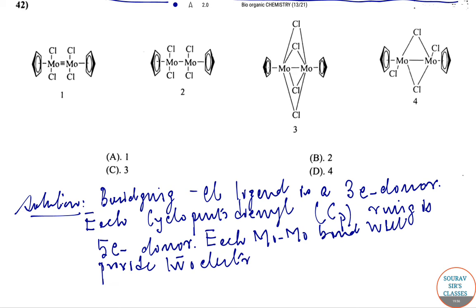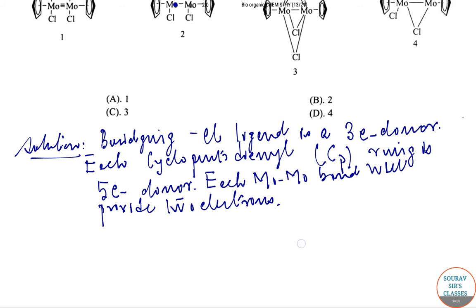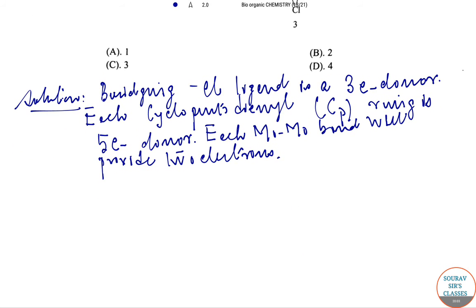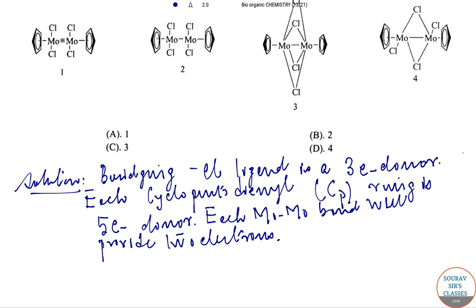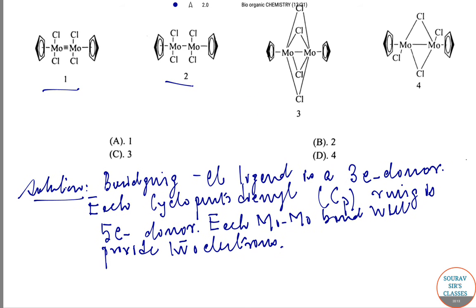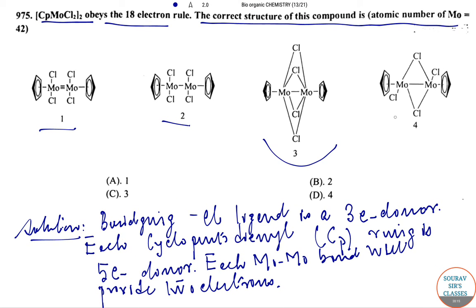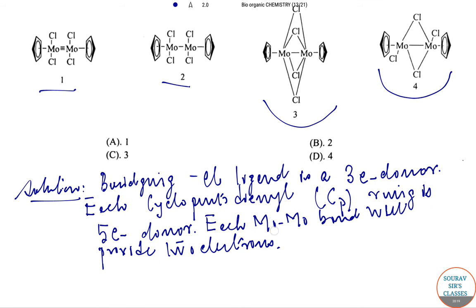Hence, let us go and see. This is case 1, this is 2, this is 3, and this is your 4. These are 4 cases. So let's go and discuss one by one.